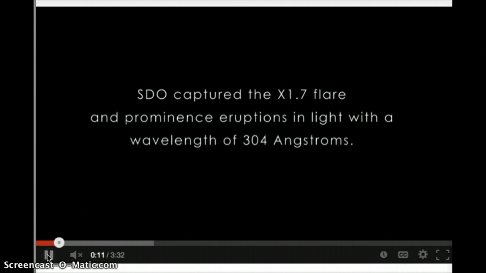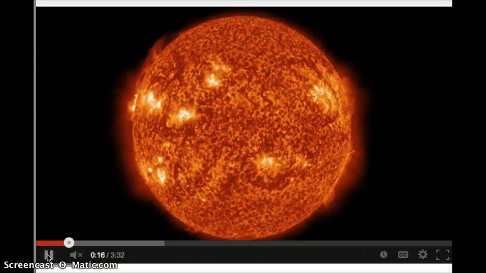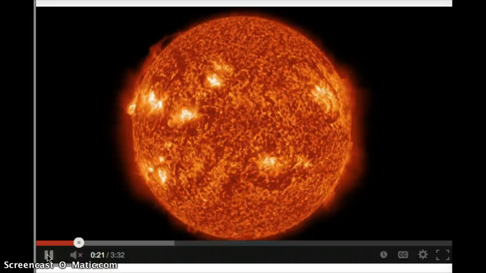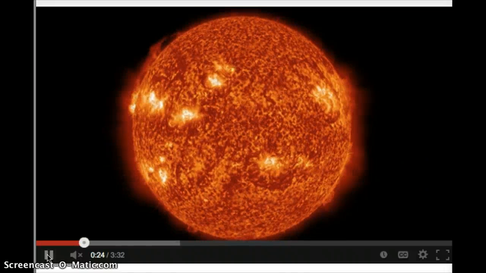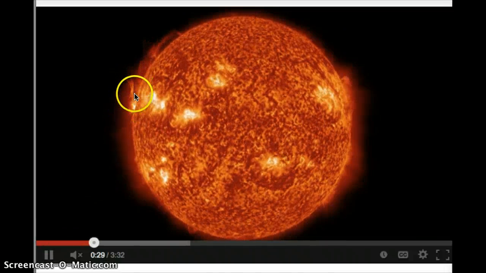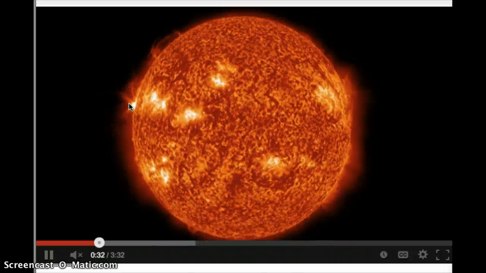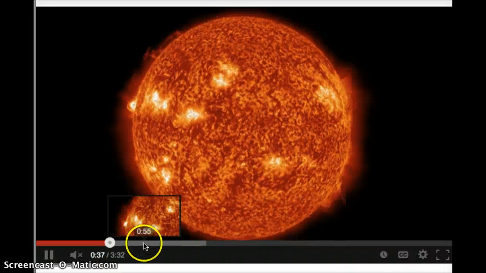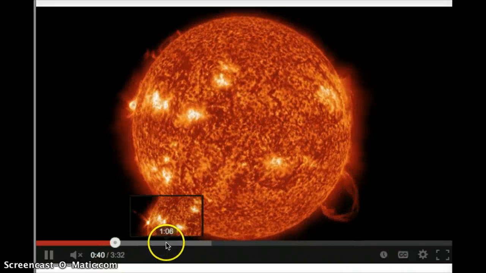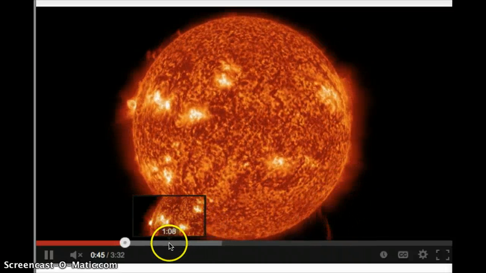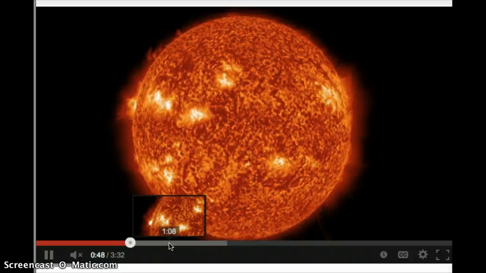The most active of the prominences is called solar flares. The material can reach the corona with a velocity of 1,300 kilometers per second. You can see the solar flares right here, as well as right here too. 1,300 kilometers per second.